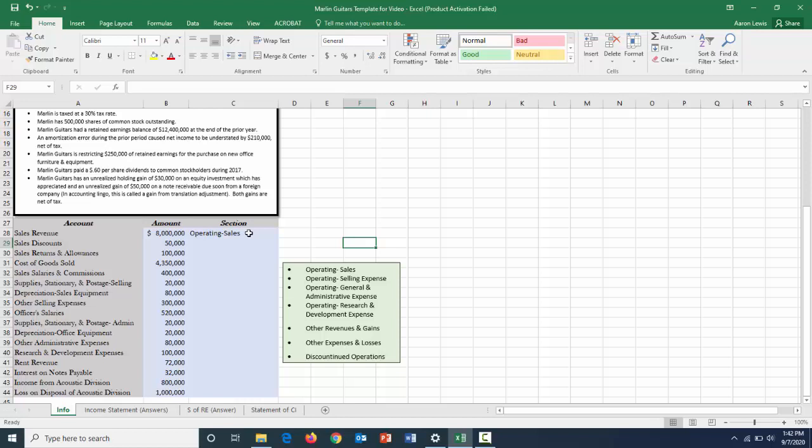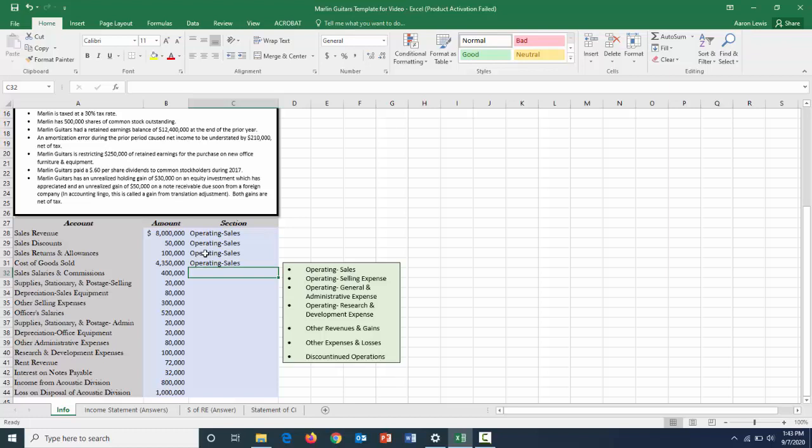If they returned goods to us and we had to refund their money, that's going to go in that section. And then lastly, we had to pay to produce or procure those goods that we sold, so cost of goods sold is going to go in that section. So sales discounts goes in the sales section. Sales returns and allowances, yep, that's operating sales as well. And cost of goods sold is also going to go there.